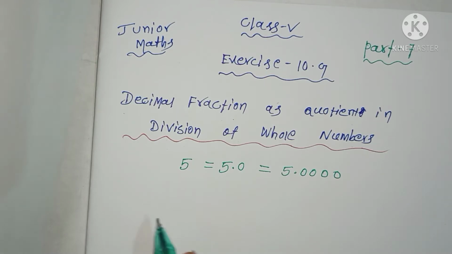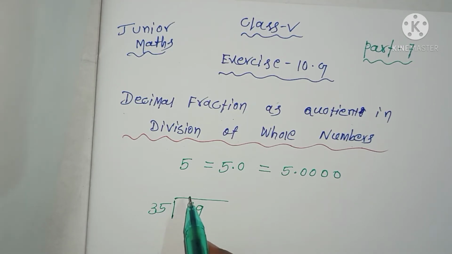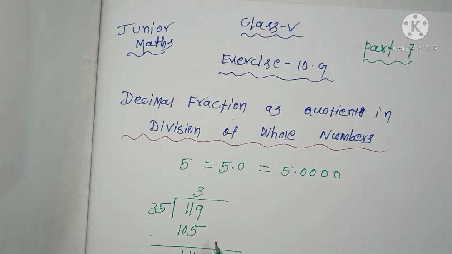Suppose I want to do the division 119 divided by 35. What will we do first? 35 into 3 gives 105. Now we do the subtraction: 9 minus 5 equals 4, so we get 14. Now nothing is left to bring down, so in this case we put a point and many more zeros are present already, as we discussed above.